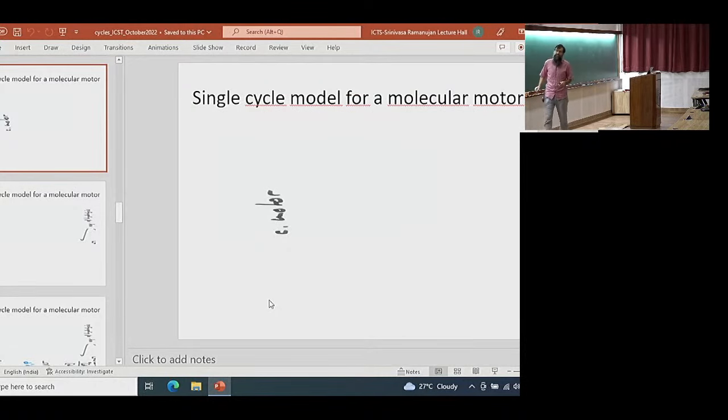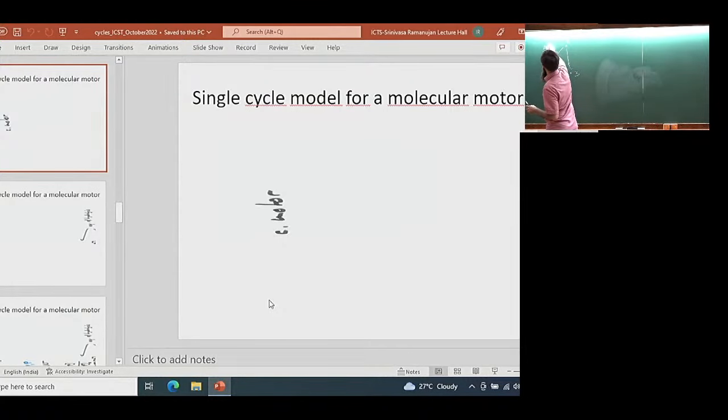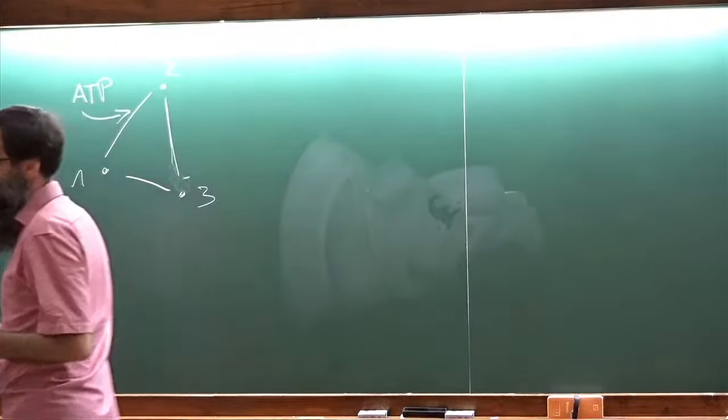Okay, so what I wanted to show here is our 3-state cycle. 1, 2, 3. Let me check my notation that this is consistent. Okay, and the idea is that these edges always have both directions. From 1 to 2, we have the ATP come in, so the source of the energy.